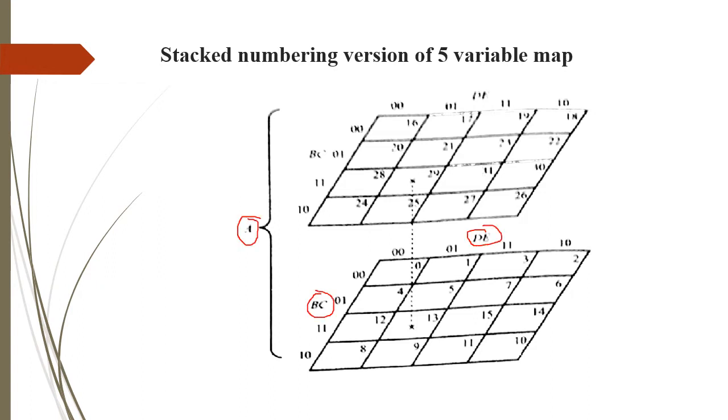Here we consider A as 0, and for the next one we consider A equal to 1, that is, from 0 to 15 we consider A equal to 0, and 16 to 31 we consider A equal to 1. This is how you do the stack numbering version of the 5 variable K-map. I'll be using this particular method for solving the 5 variable K-map.